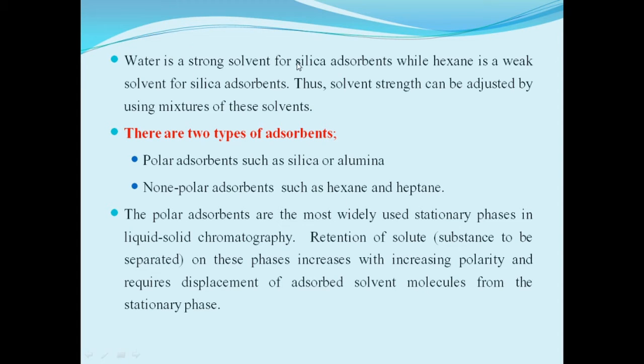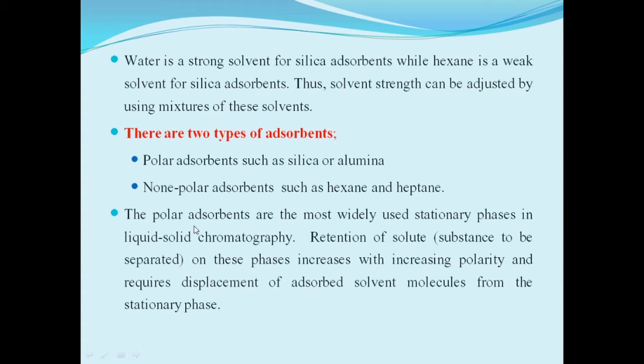Water is a strong solvent for silica adsorbent, while hexane is a weak solvent for silica adsorbent. Thus, solvent strength can be adjusted by using a mixture of these solvents. There are two types of adsorbent: polar adsorbents such as silica or alumina, and non-polar adsorbents such as hexane and heptane.